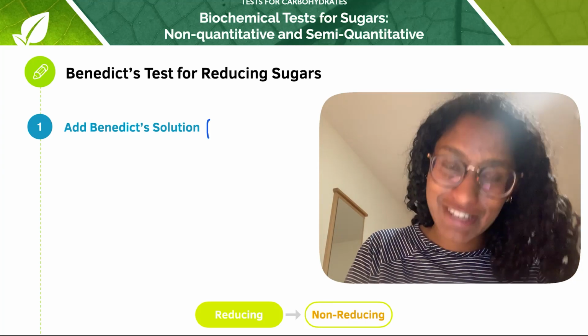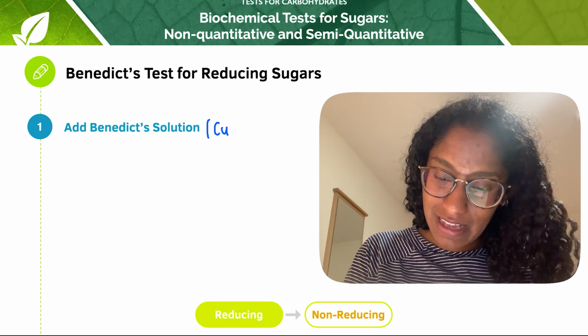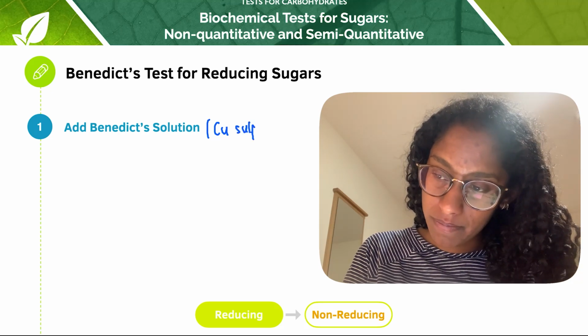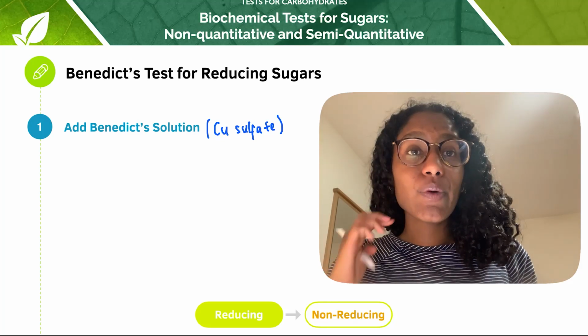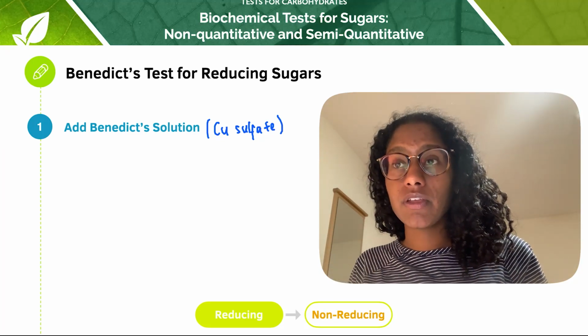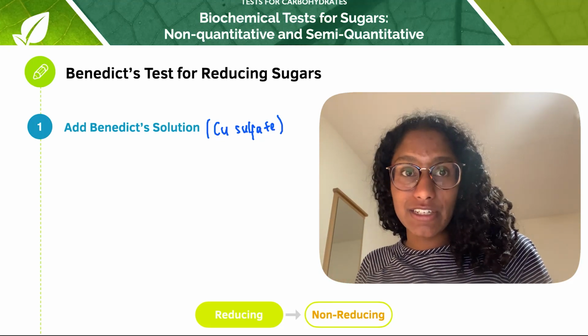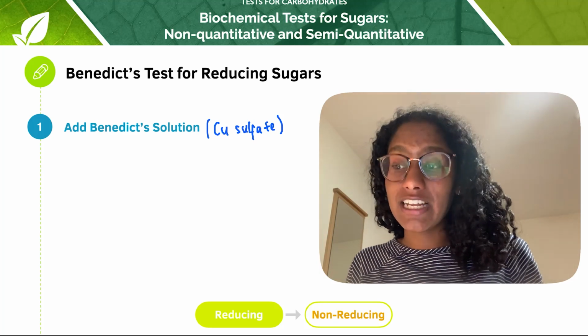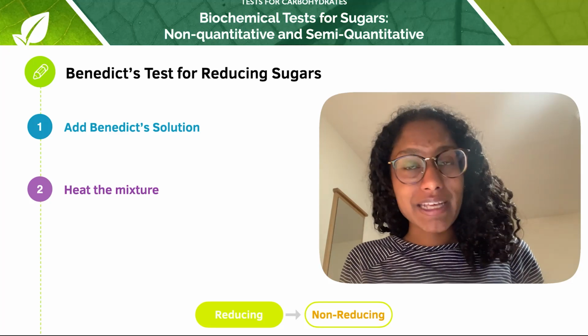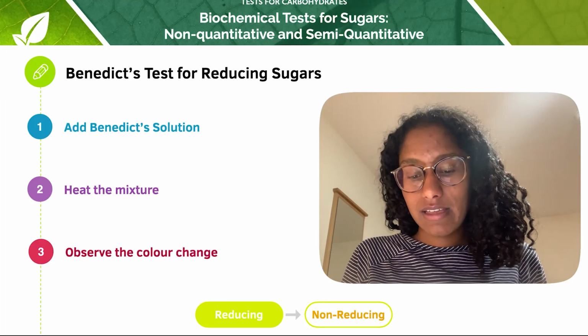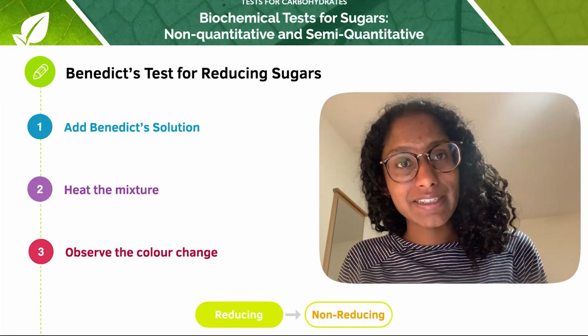I promise you this is relevant. If we want to test for our reducing sugar, we add Benedict's solution, which is essentially copper sulfate. We then heat the mixture and we then observe the colour change.